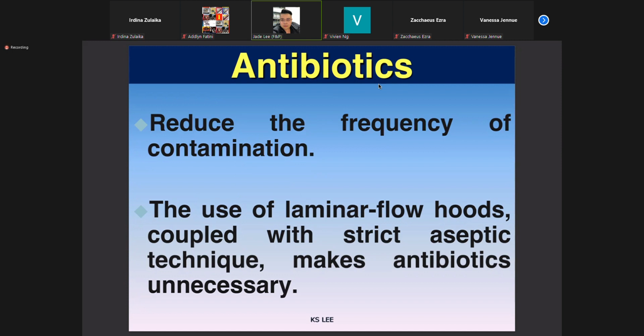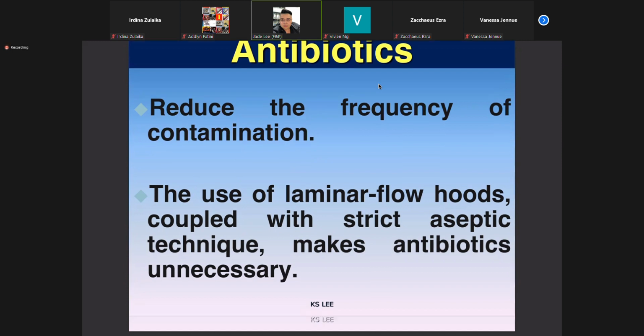Because you make the cells weaker, and you also make the contaminants stronger. Sometimes you probably need a higher dose of antibiotic just to kill the contaminants.